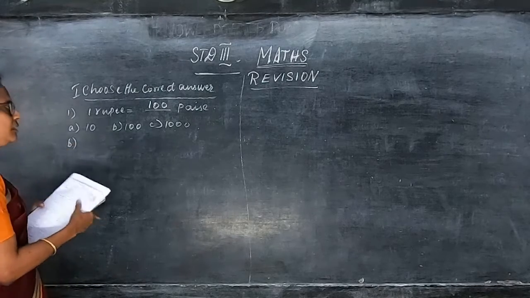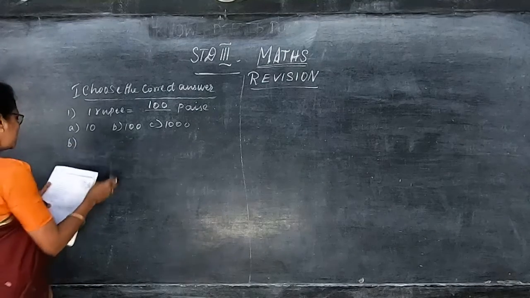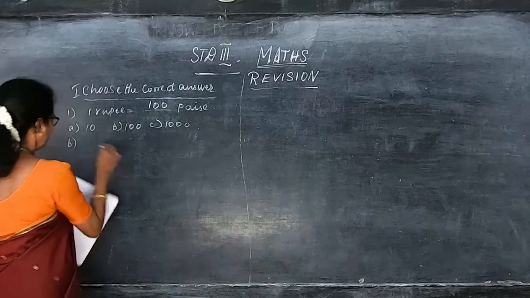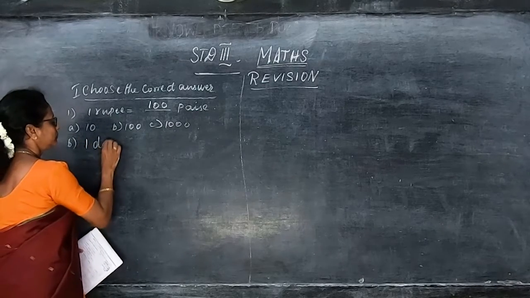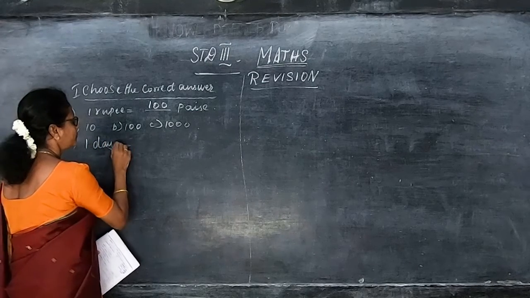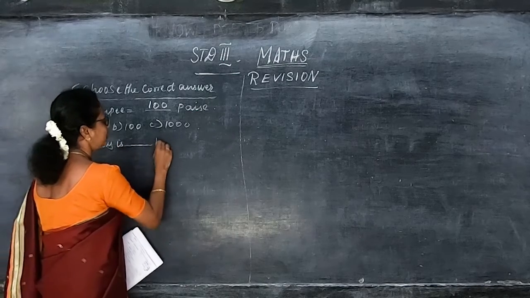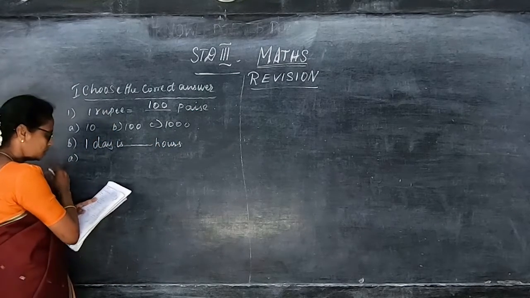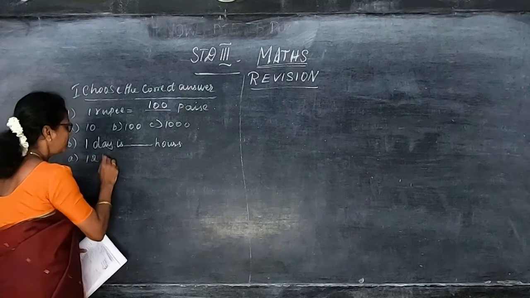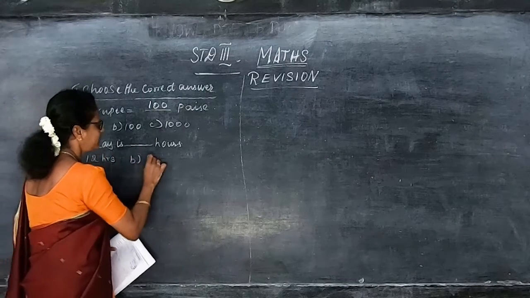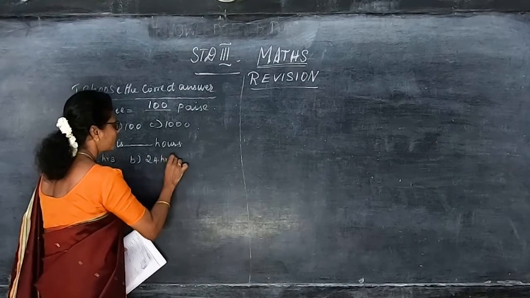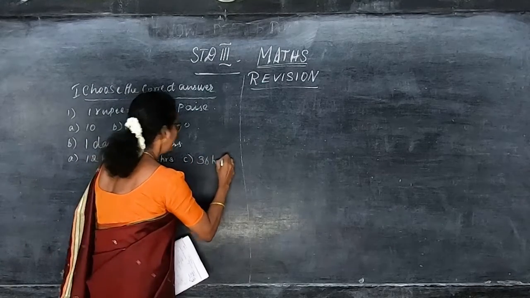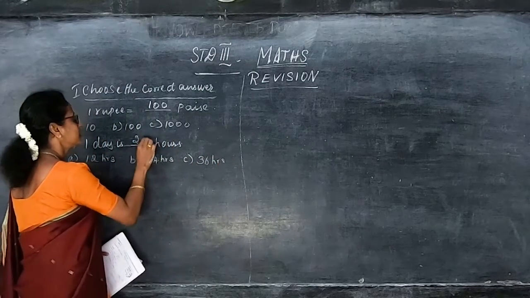You have to see the options and then write the answer, children. Second: 1 day is equal to dash hours. Options are 12 hours, 24 hours and 36 hours.